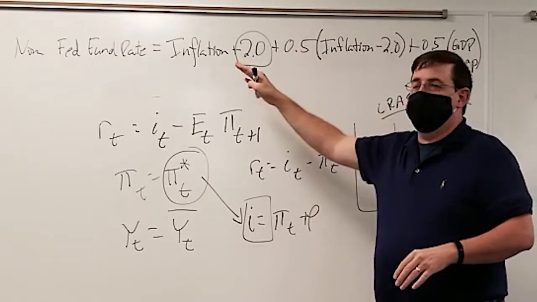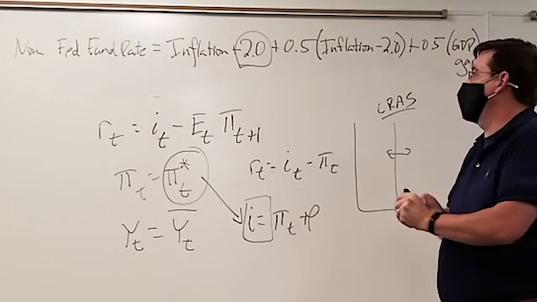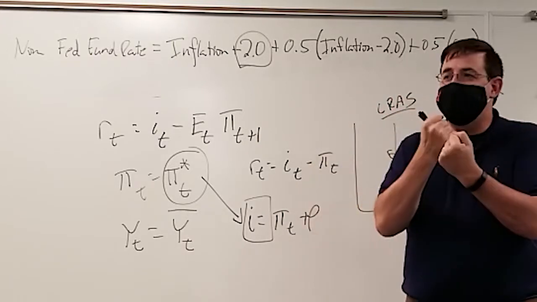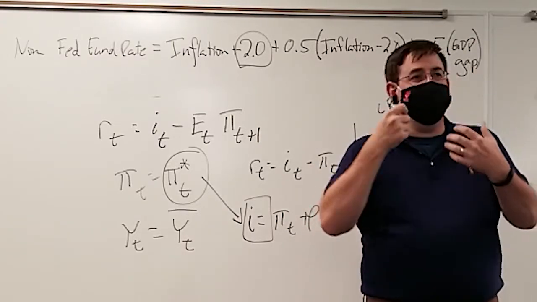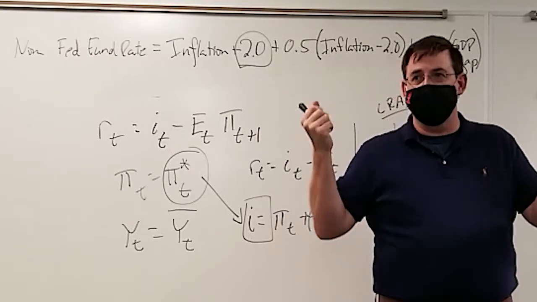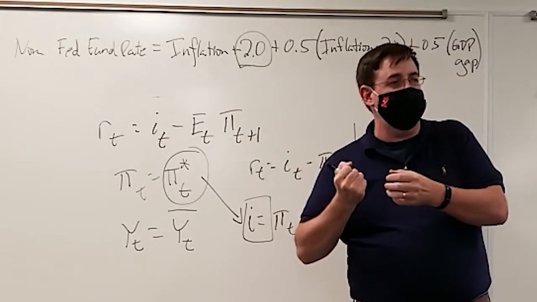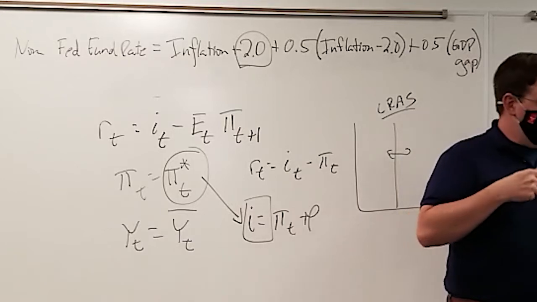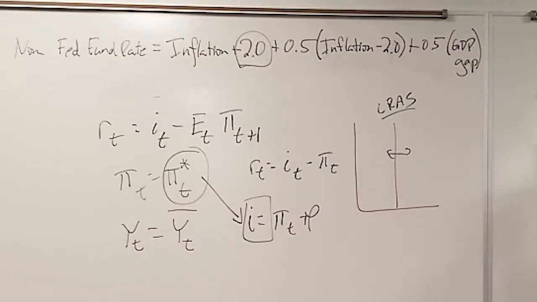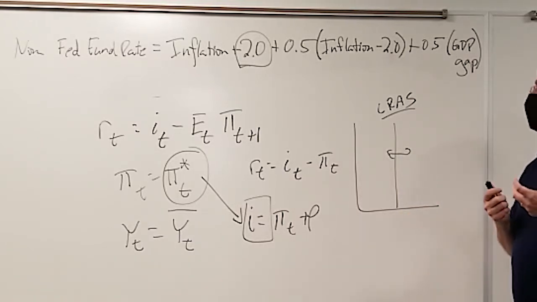Now, Taylor sets up this rule, and a lot of people like it and adopt it. Why? Because it binds the Fed. It constrains what the Fed is, quote unquote, allowed to do, takes away some of their discretionary activity.